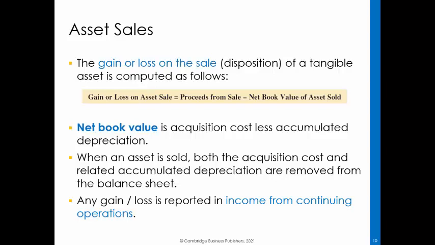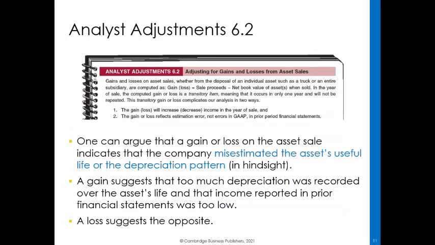Gains and losses on asset sales can be large, and analysts must be aware that these gains and losses are usually transitory operating income components. Gains or losses on asset sales, whether from the disposal of an individual asset such as a truck or an entire subsidiary, are computed as the difference between the sales proceeds and the net book value.